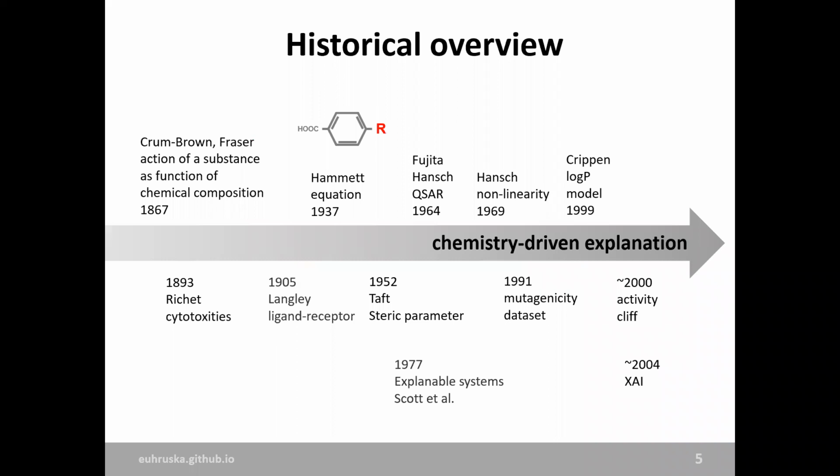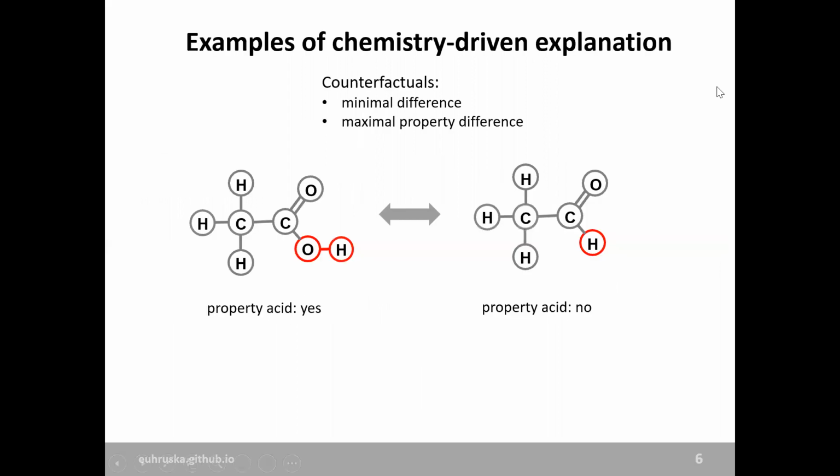I just showed two examples, the Hammett equation and the general moieties, but there is a long history of chemistry-driven explanations, which basically lasts as long as chemistry lasts, around a century, where we have different approaches, first linear, then non-linear, and more data sets, just in parallel with the machine learning approach, where explainable systems appeared in 1977, and the term XAI started to be used around two decades ago.